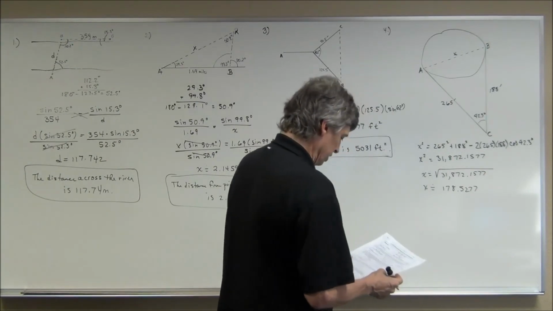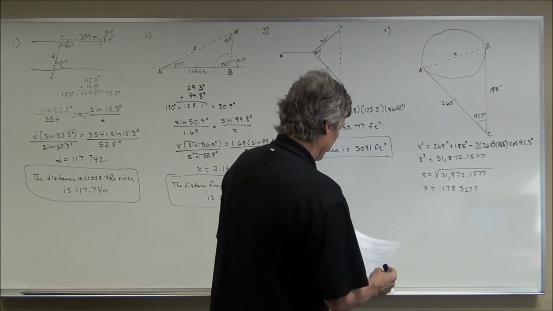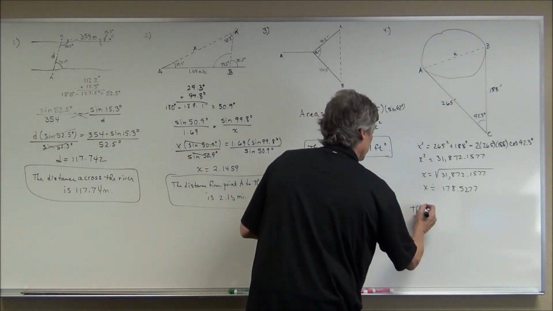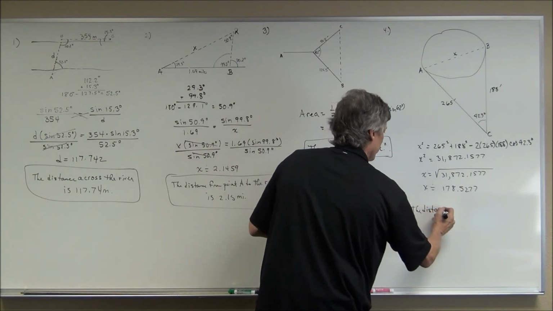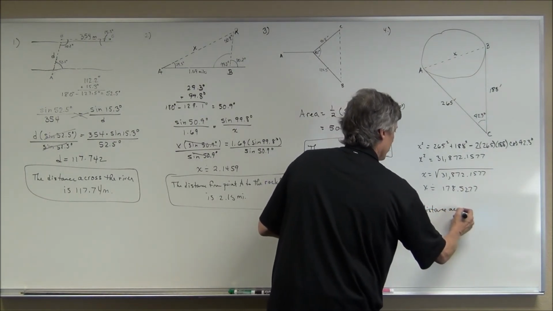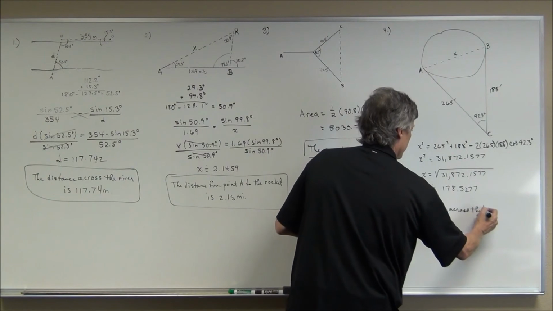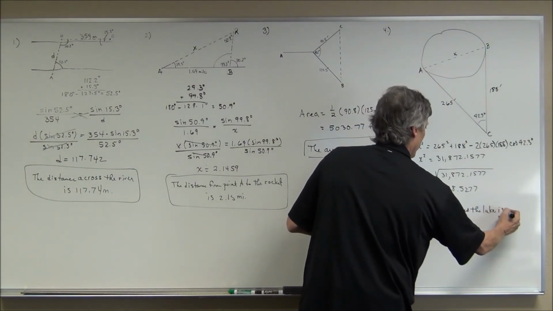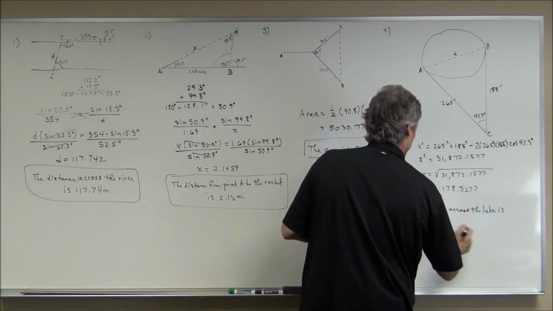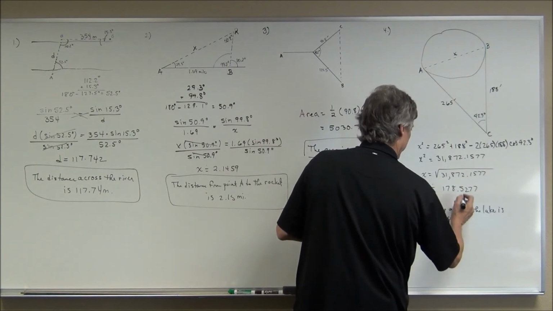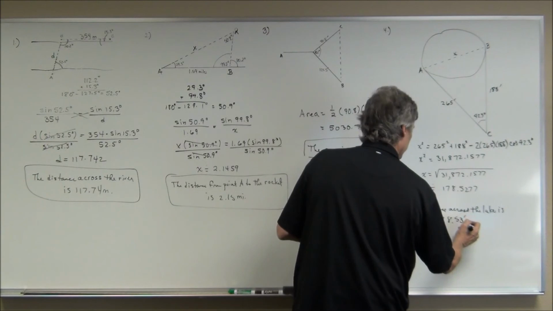So x is the distance across the lake. It says find the distance AB across the lake. The distance across the lake is 178 point, looks like 53, and my units are in feet.